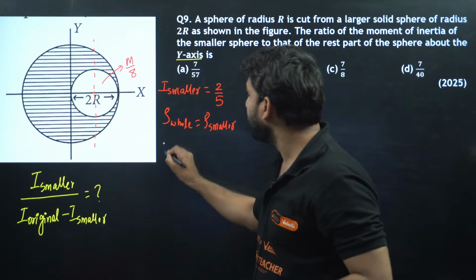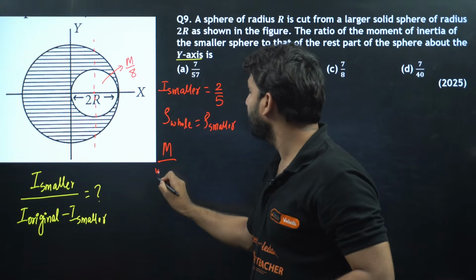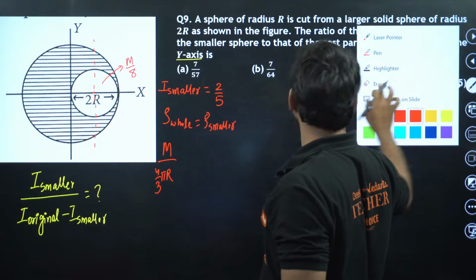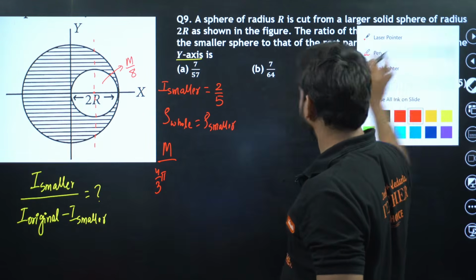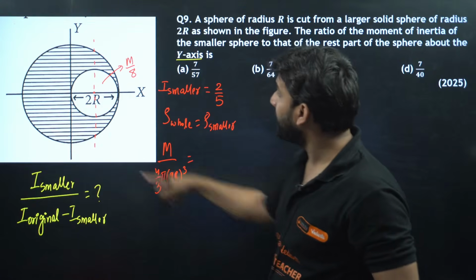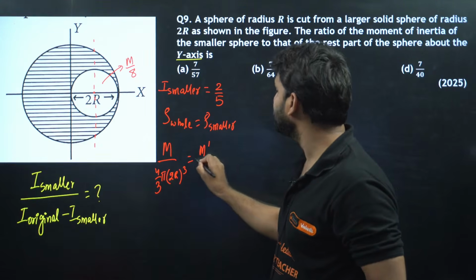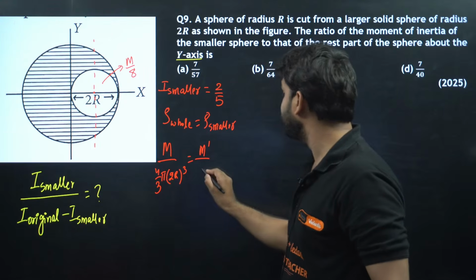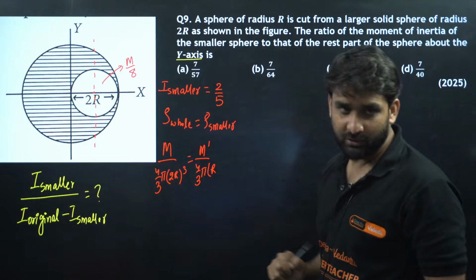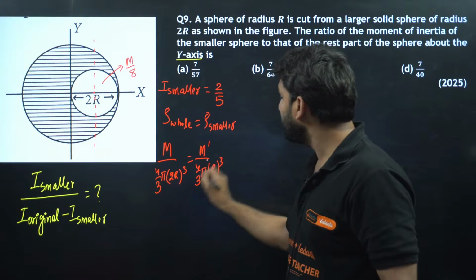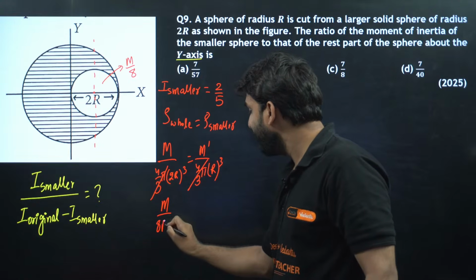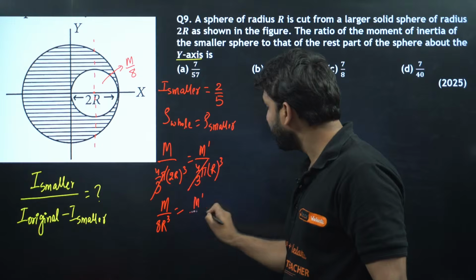So the density of the whole is mass of the whole body upon volume of the whole body, which is 4 by 3 pi (2r) cube. For the smaller part, we don't know the mass, we want to calculate it, so let's say it is m dash. The volume of this sphere is 4 by 3 pi r cube, since 2r is the diameter of the original, so the radius of the smaller part is small r. So 4 by 3 pi cancels, and we get m divided by 8r cube, since (2r) cube is 8r cube, equal to m dash divided by r cube.